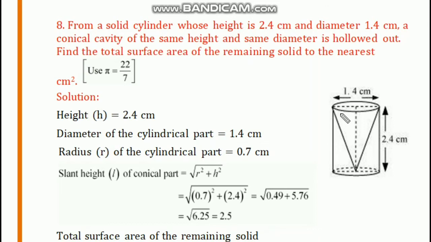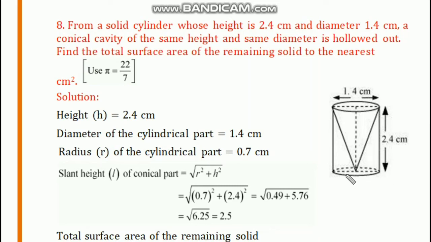So we need to find out the curved surface area of the cone, and we need to add these areas: curved surface area of the cylindrical part plus curved surface area of the conical part plus the base area of the cylinder.